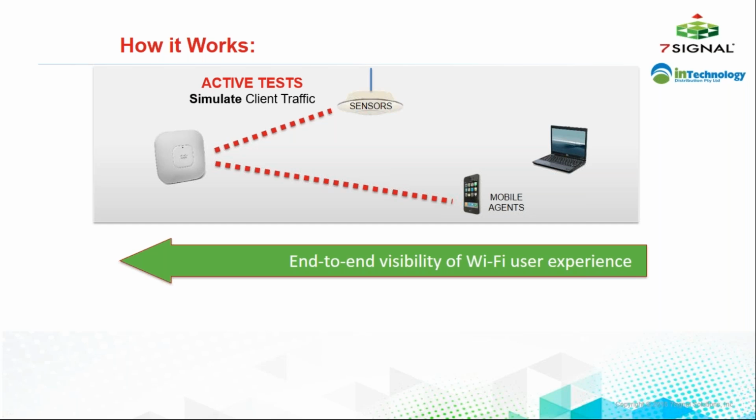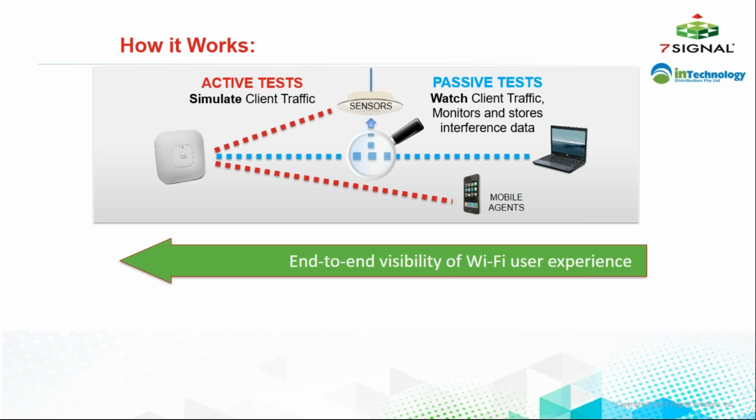Now, this is just half the story, the active tests, where we simulate client traffic, uploading and downloading files, simulating voice over IP calls. But we also do what we call passive tests, where we watch all of the headers, all of the packets that are going on in the air. In doing so, we're able to measure the airtime utilization, see the retry rate, see the spectrum and do other RF analysis.